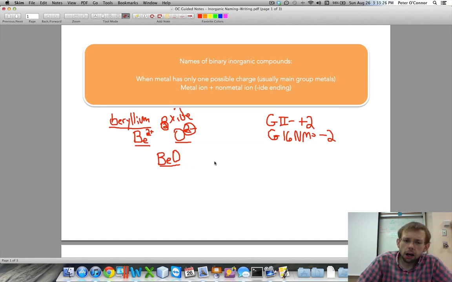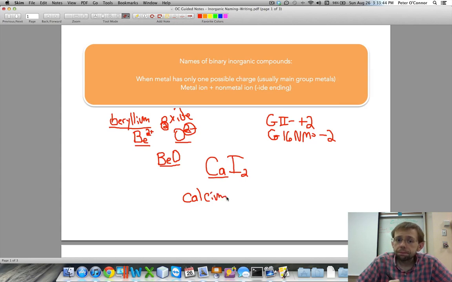Well, how would I name a compound like CaI2? Calcium is a group 2 metal, so it's only got 1 charge. So all I do is just name it calcium. Now I name my anion.